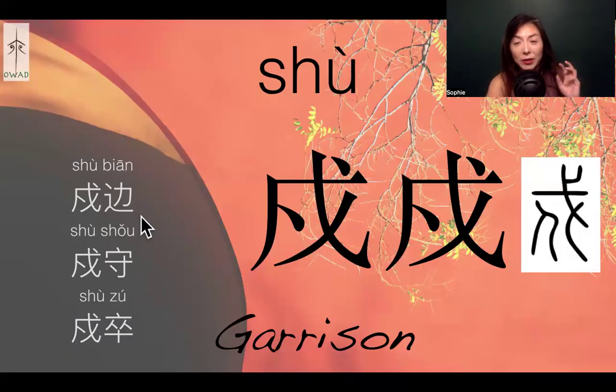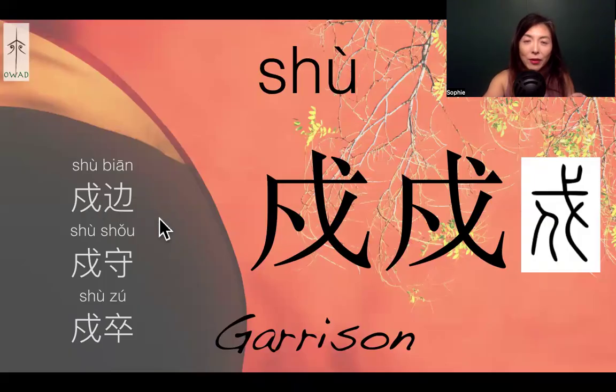戍边, biān means border. So this is a garrison on the borderline. It's almost repetitive, but here it's just to make sure we understand that not everywhere on the borderline is going to have such a garrison, right? It's going to be strategically placed along the borderline.